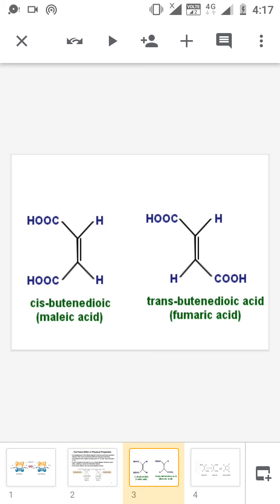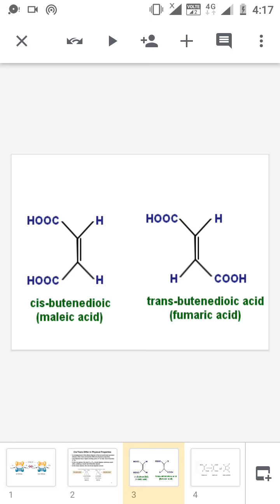Next important question. The maleic acid has the molecular formula COOH-CH=CH-COOH. Maleic acid is cis-butenedioic acid and fumaric acid is trans-butenedioic acid. In fumaric acid, the acid groups are in opposite directions, whereas in maleic acid, both acid groups are on the same side.